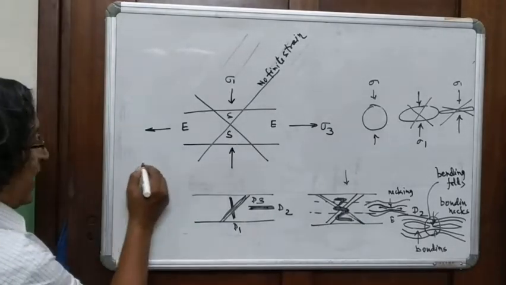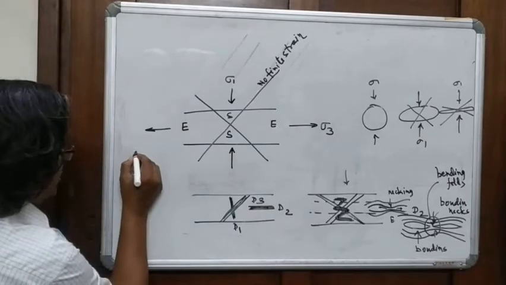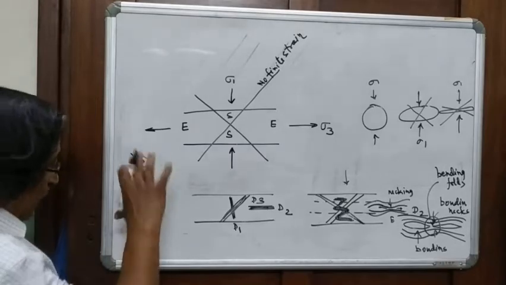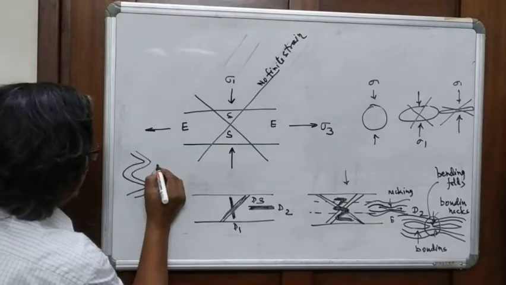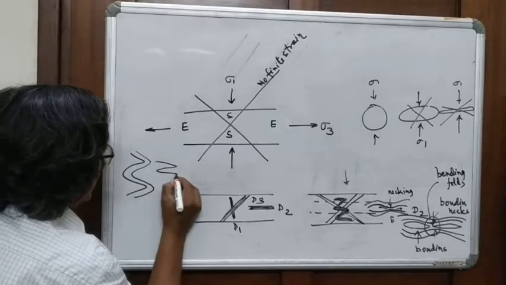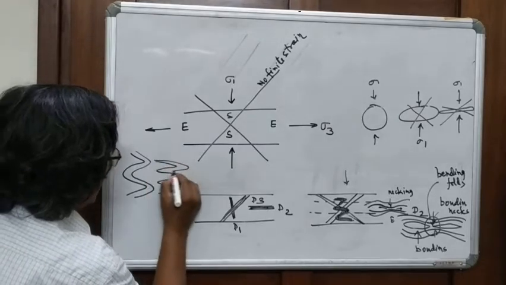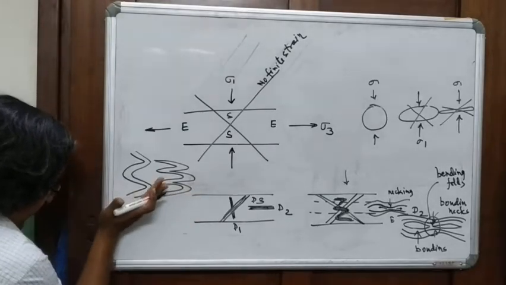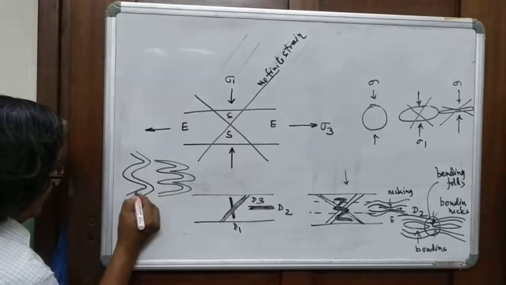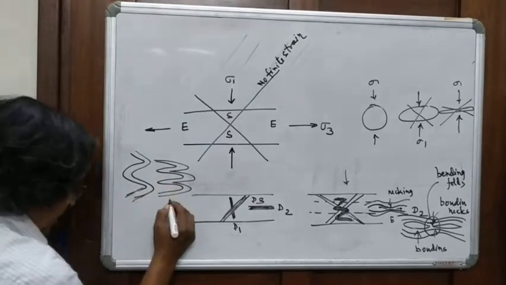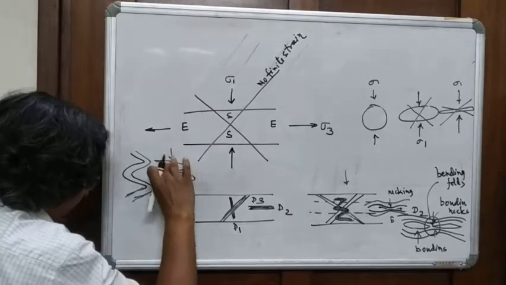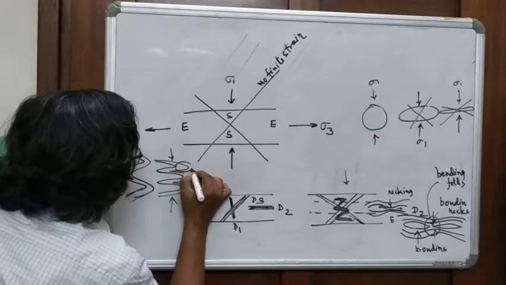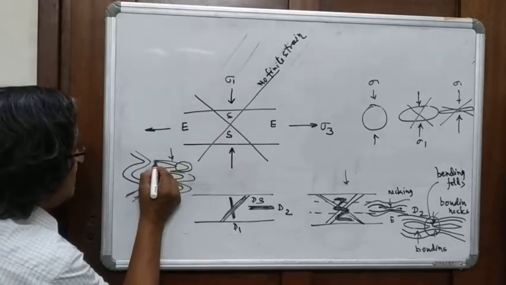So initially in the shortening field for D1, it will fold like this, broad open folds. And once you increase the strain, then these layers will fold like this. And when you do this, these layers here were first oriented like this at high angle. But as the intensity of deformation becomes strong shortening, the fold hinge becomes thickened and the fold limbs become thinned.